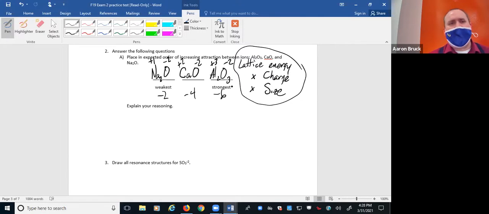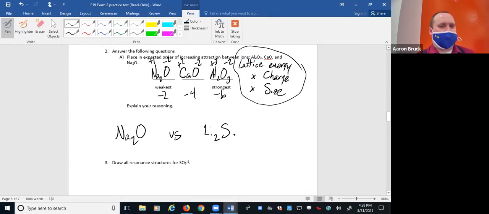But yes, if I had something else in here, and I don't do this, but if I was asked to compare sodium oxide versus lithium sulfide, we'd have a little bit of a problem there because our values are the same.